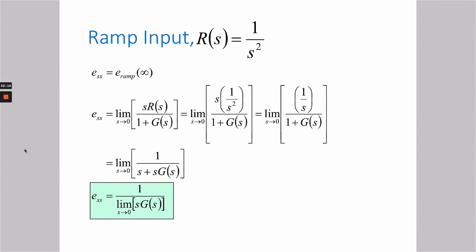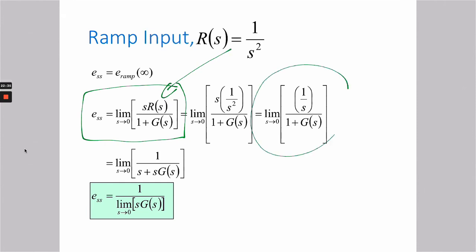Okay, next let's see the ramp signal input. Similarly, when we use this equation, we replace R(s) with 1 over s squared. Inside we have this term, and when we rearrange, we will have this term. When s approaches 0, we can just ignore the s term here.